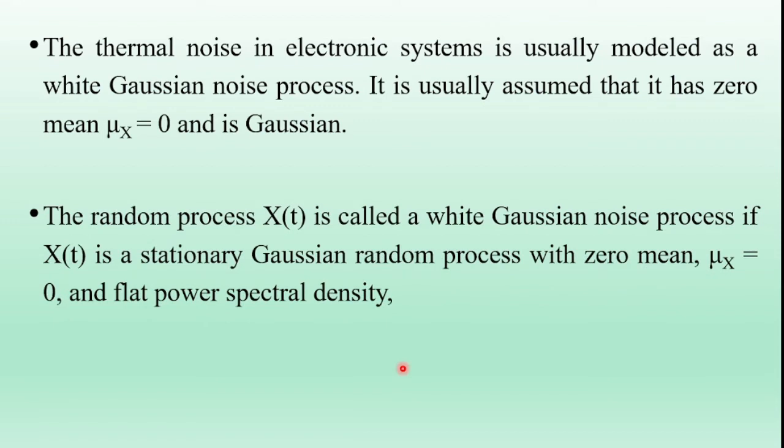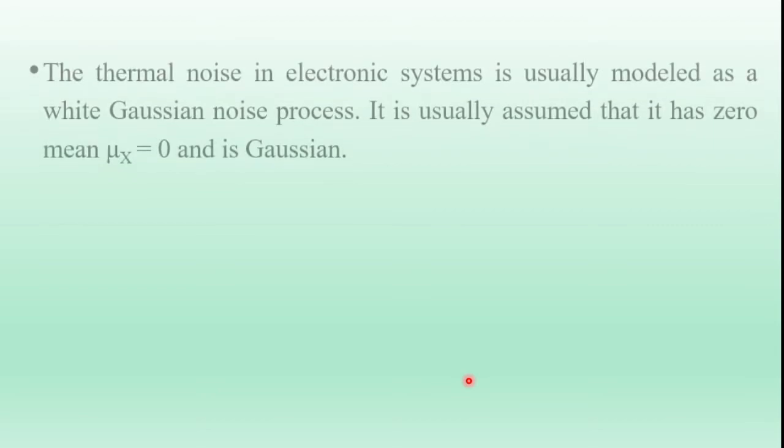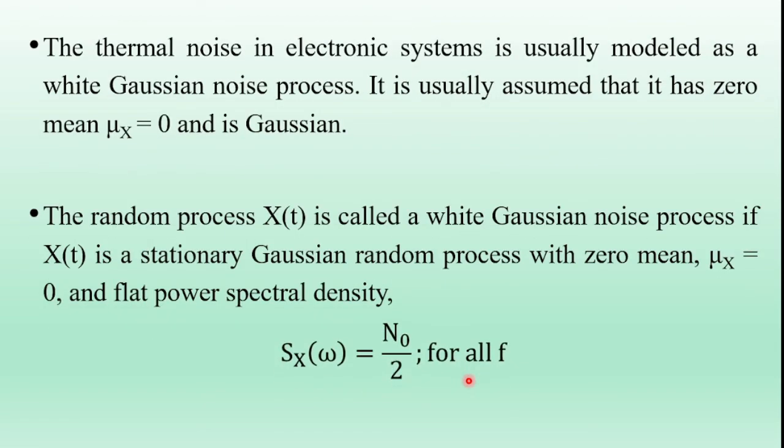The random process x of t or n of t is called a white Gaussian noise process if it is a stationary Gaussian random process with zero mean, mu suffix x equal to 0, and flat power spectral density. The graphical representation of that flat power spectral density is shown here. That is, Sxx of omega is equal to N naught by 2 for all frequency values.